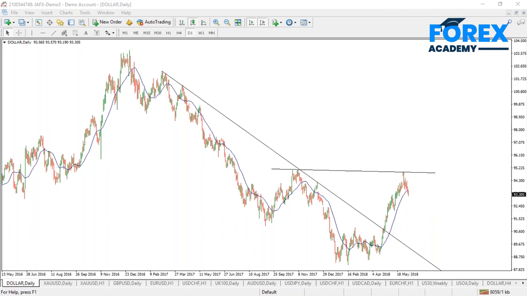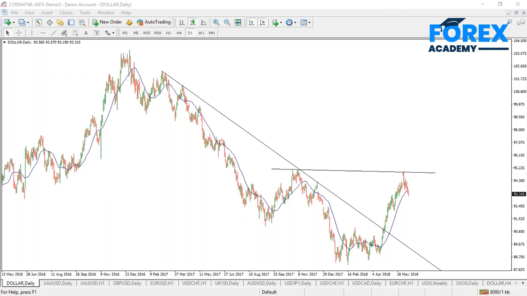Now, the parameter we have, 20, certainly is something that will differ from one individual to the next. It's always a good idea to test or just visually monitor other periods of the moving average to see what they might be telling you.